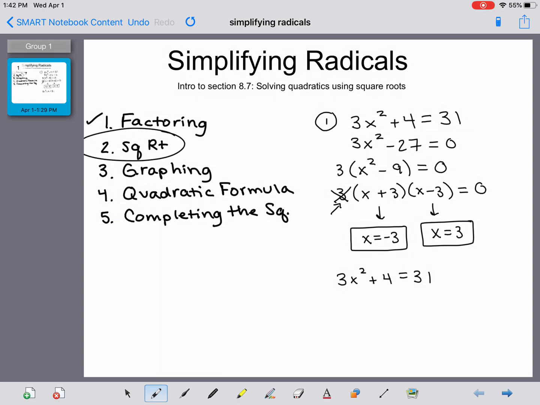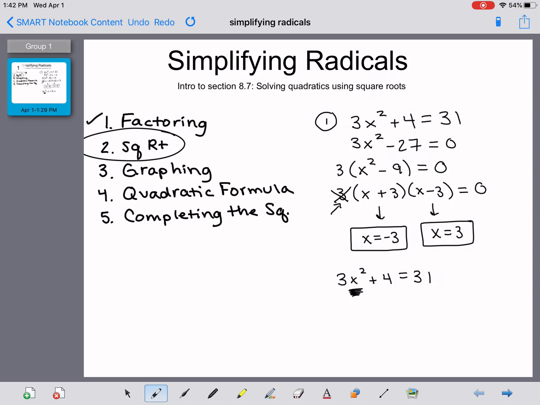So square root method is we're going to basically try to solve for x, get x by itself. The important thing: the reason you're allowed to do the square root method in this problem is because there's only an x squared in the equation with no x. If there was an x in this problem, let's just say there was an x maybe on the 31, then you can't do the square root method.